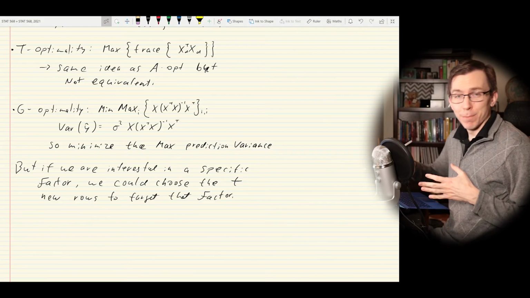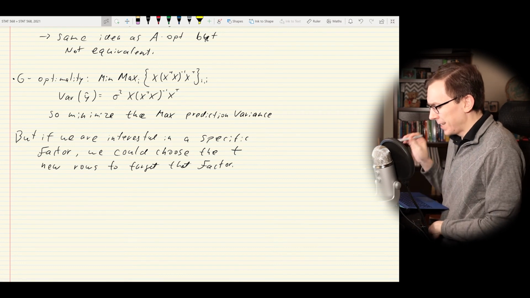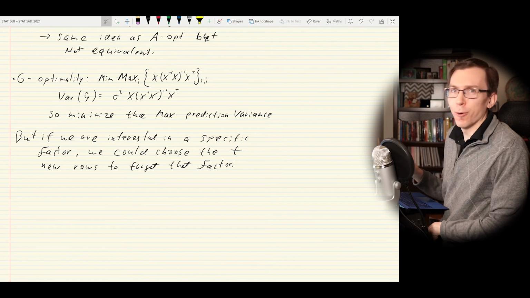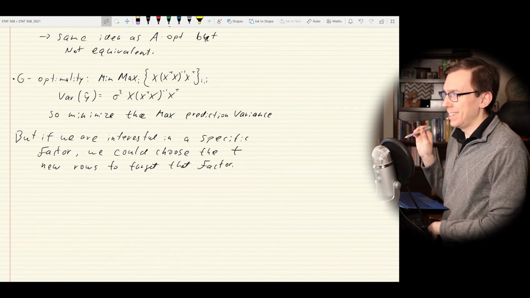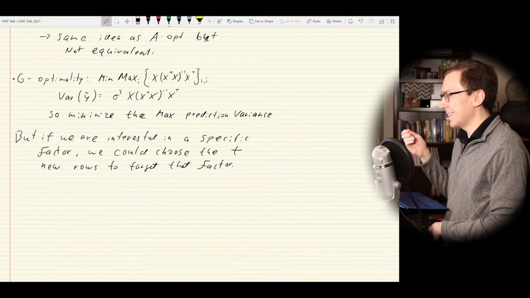All right, in the final part of today's lecture, we're going to look at choosing specific columns to target for our follow-up testing with respect to a certain optimality criterion.